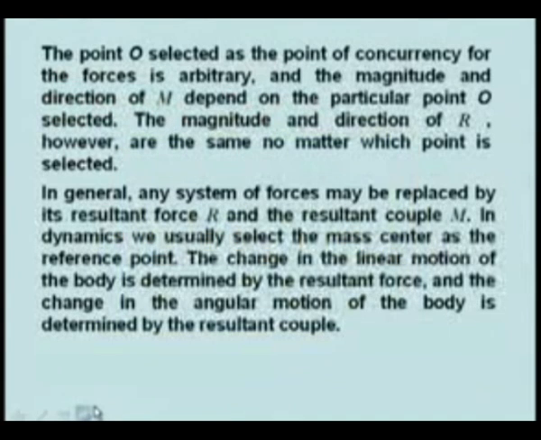Now, the point O selected as the point of concurrency for the force is arbitrary, and the magnitude and the direction of M depend on the particular point O selected. The magnitude and direction of R, however, are the same no matter which point is selected.